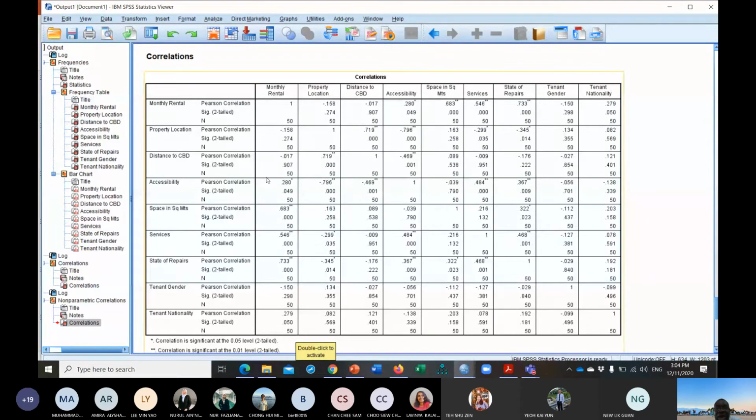So this gives us an idea of which of these factors are really contributing to rent. So the significant ones, and they even have a strong correlation, not a weak one.